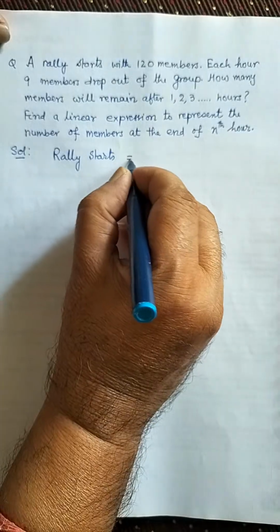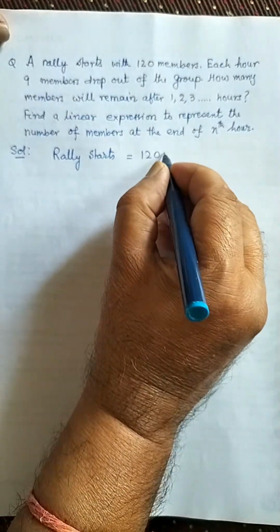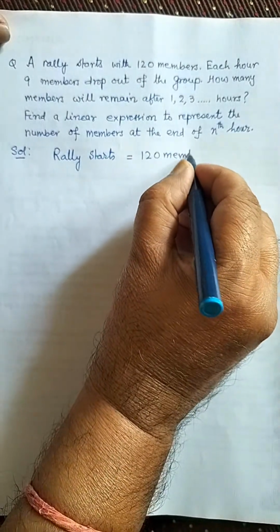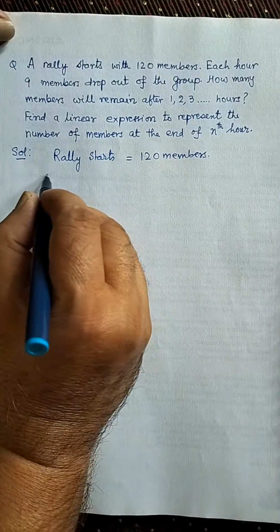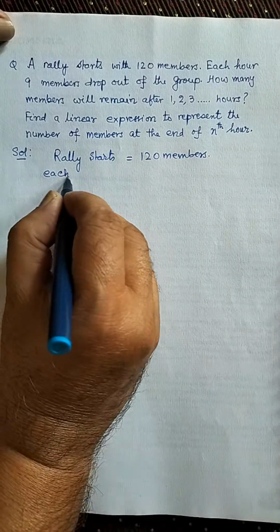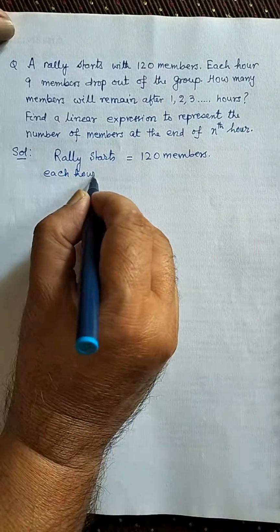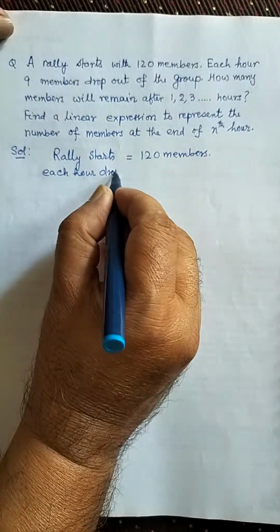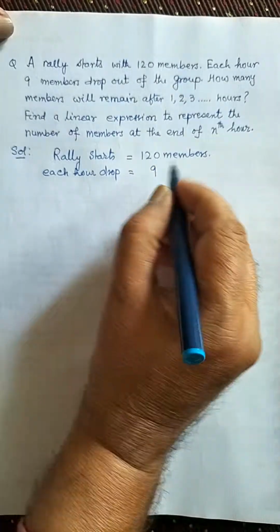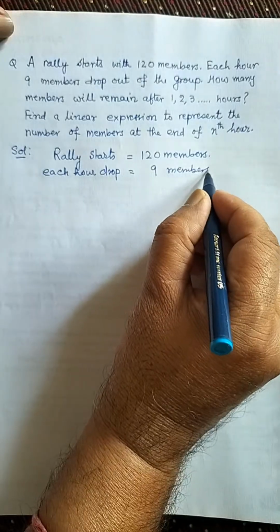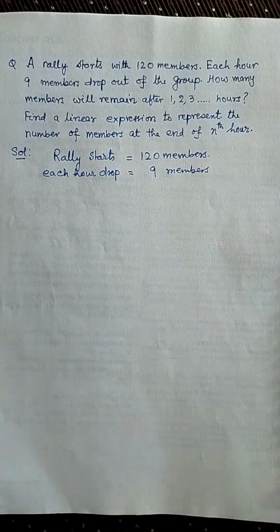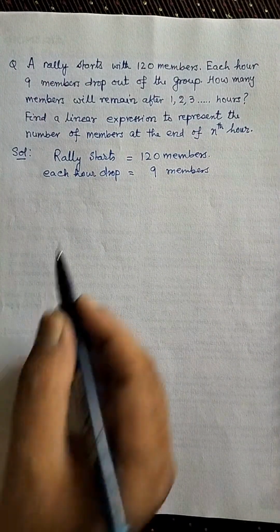As given, with 120 members, right? Each hour drop is 9 members, means 9 members are walking out of the rally every hour.